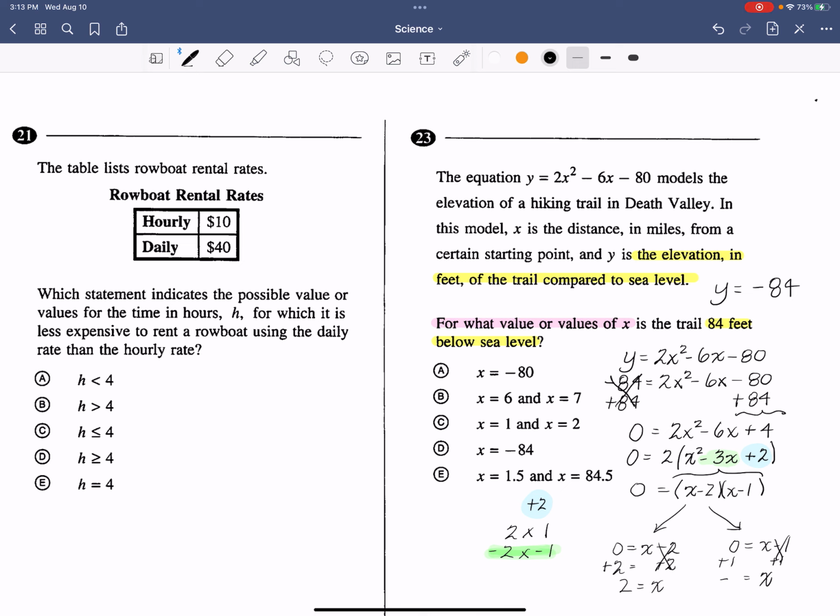Both of these will make the equation true, so therefore both are solutions. And I like answer C for this one. You have 2 solutions, and I like those 2.